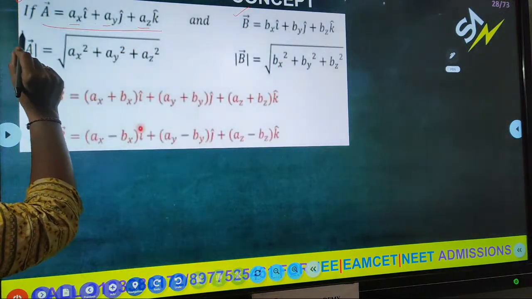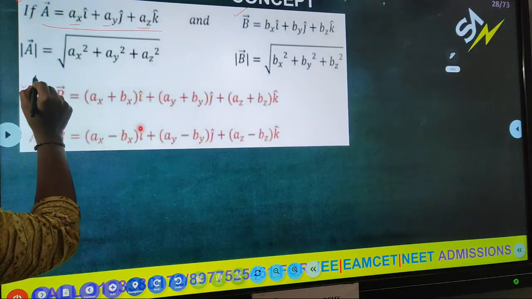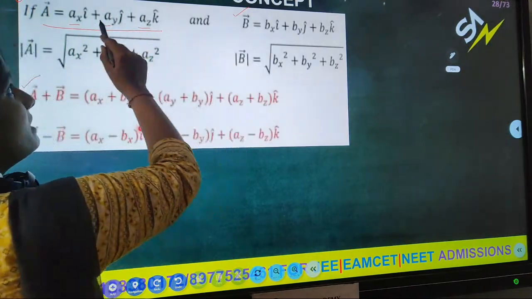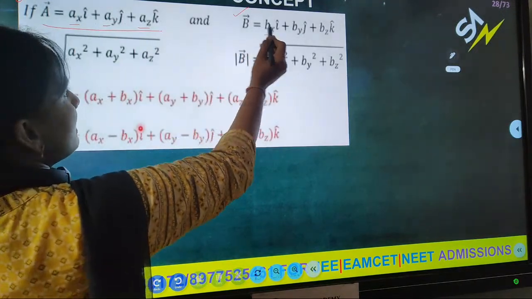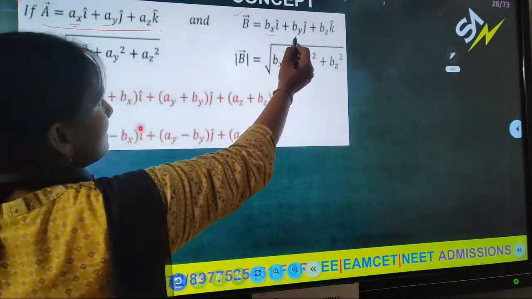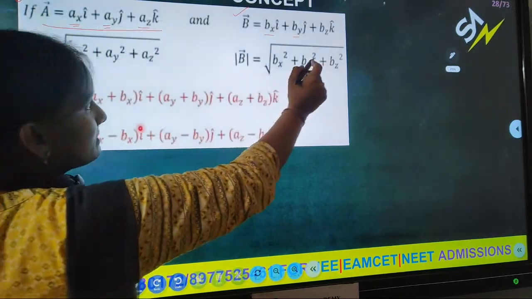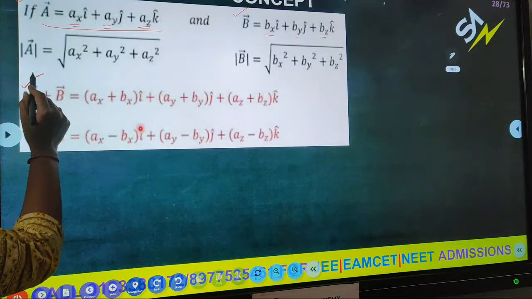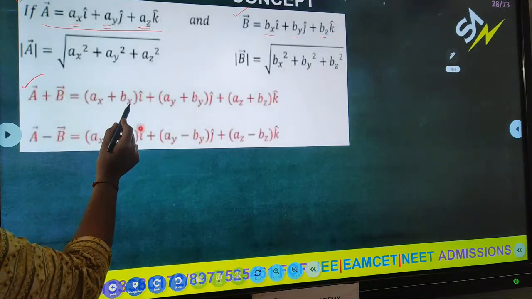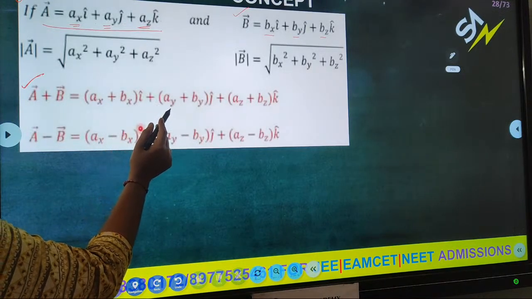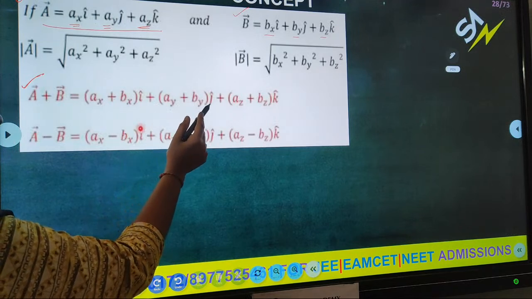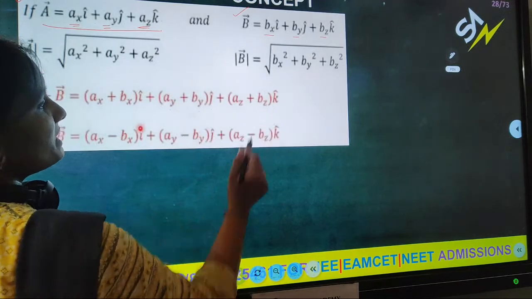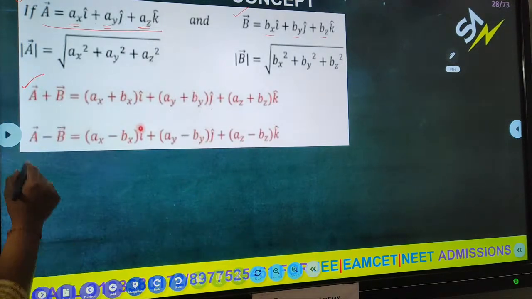Now adding these two vectors, first let us see addition of these two vectors. The corresponding components will be added, means x components, y components, z components will be added in the addition. So we get ax plus bx into i cap plus ay plus by into j cap plus az plus bz into k cap.